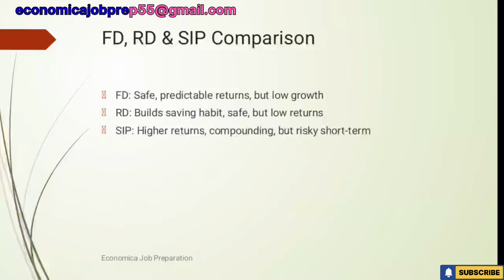In the feature of returns, FD and RD give you the same 6 to 7% return, and SIP is 10 to 15% in the long term. In liquidity, FD and RD are both medium, and SIP is high. FD is suitable for one-time savings and RD for a habit of savings. SIP is suitable for wealth creation.